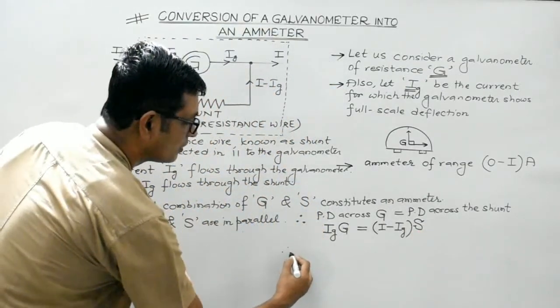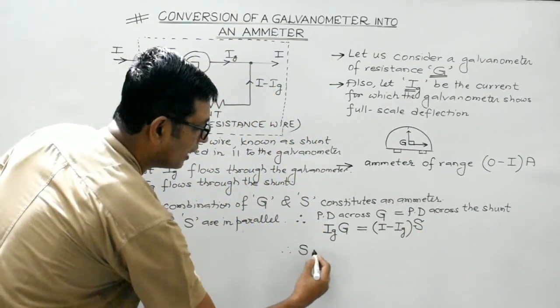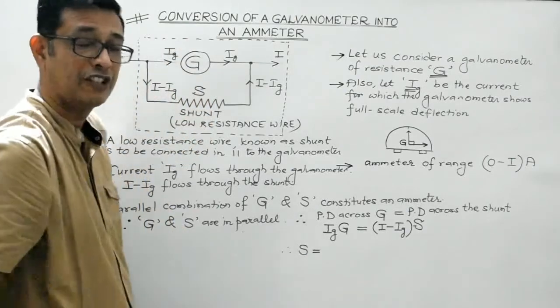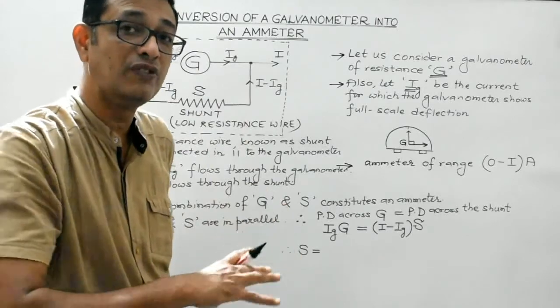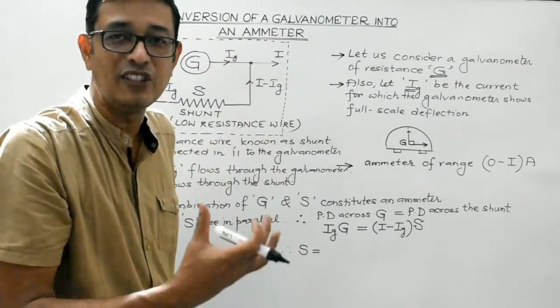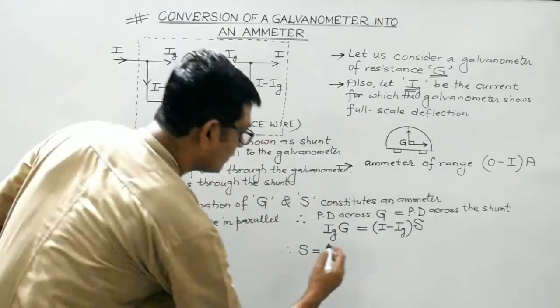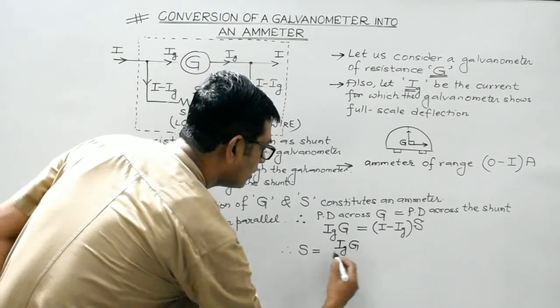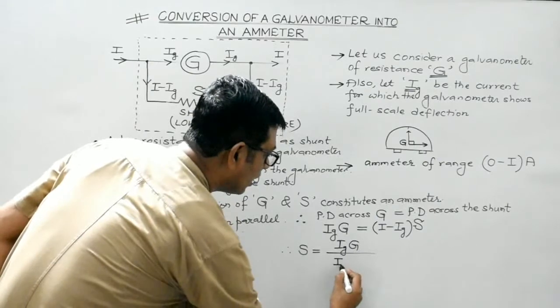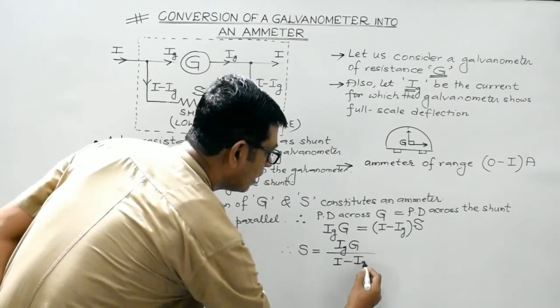Therefore, students, there is a very, very important formula. The value of shunt, which is to be connected in parallel to the given galvanometer so as to convert it into an ammeter of range 0 to I ampere, is Ig capital G divided by I minus Ig.